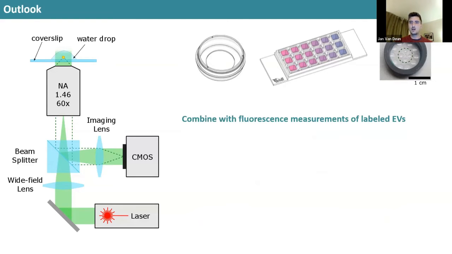Some things we are working on. As I already mentioned, Vahid's team is working on adding fluorescence to these measurements. So we really want to combine this with labeling the EVs for different markers and combining the INTA measurement with that.